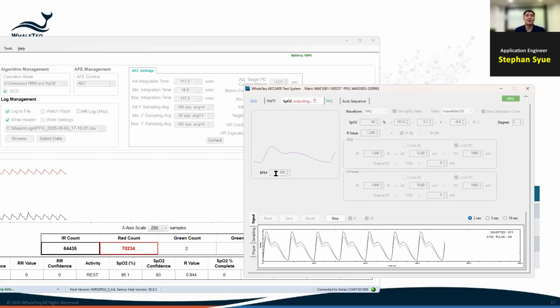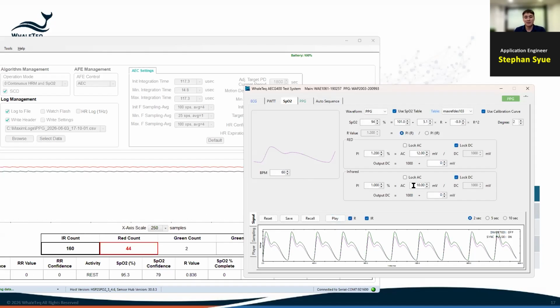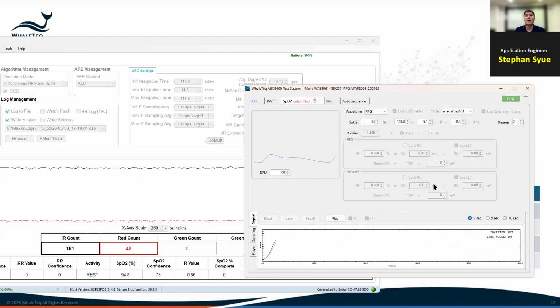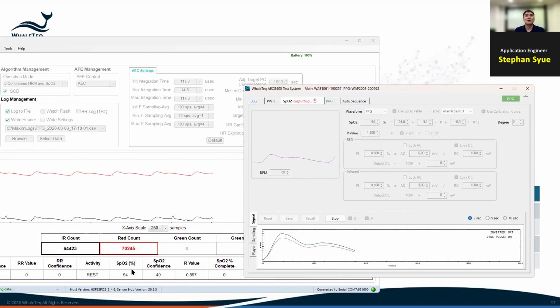As already confirmed, the PR speed doesn't matter, so for this we can really use 60 like normal. And now I'm starting to decrease the PI by decreasing the red AC and IR AC proportionally. Now this has decreased, and let's see. So it's still within 1% from 95, and that's great.